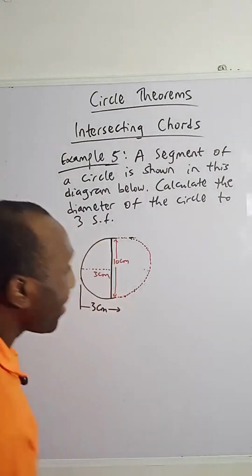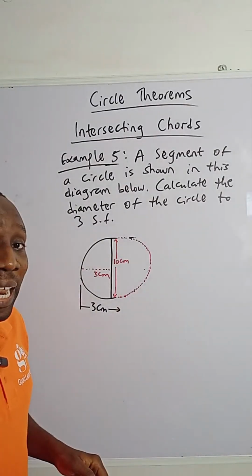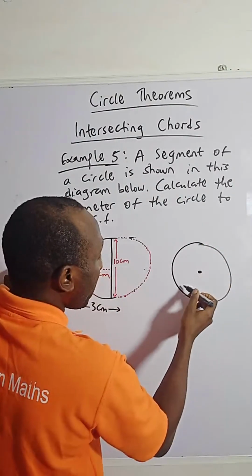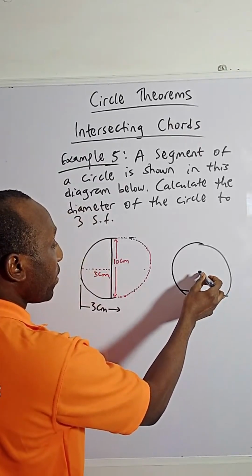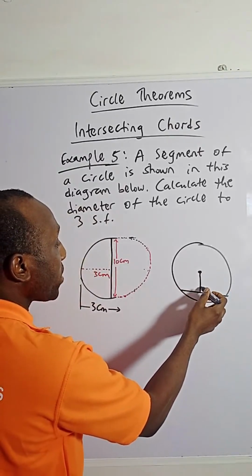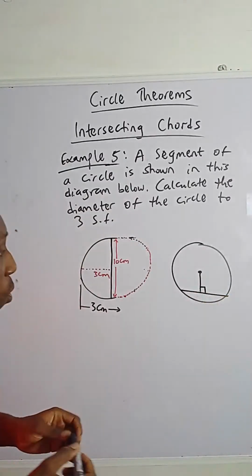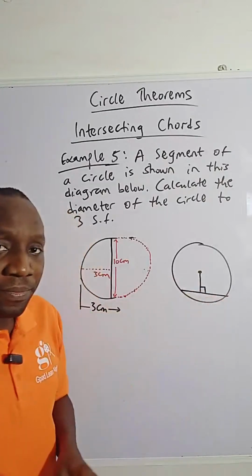Now, how many of you remember that chord theorem we talked about? When you draw a line from the center of a circle, if you have a circle like this and you have a center, you have this chord. If you draw a line from the center and it's perpendicular to the chord, what is this line going to do to the chord?